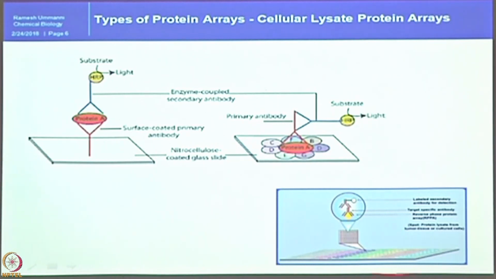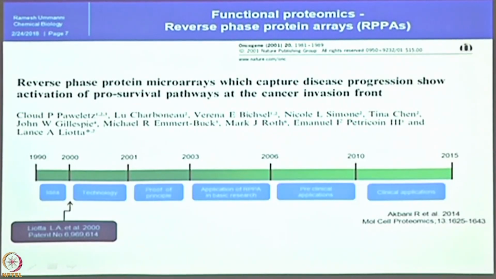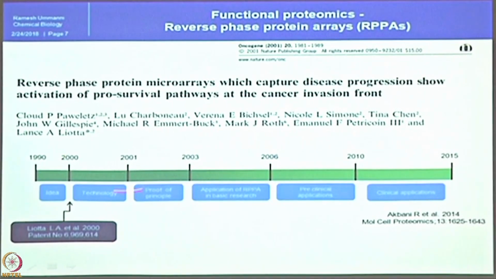This can be miniaturized into a high-throughput array by spotting many different samples. This is basically the reverse phase protein array. This concept was developed by two great scientists, Patrick Coyne and Lance Liotta from MD Anderson in the US, and they started to establish this technique in 1990.